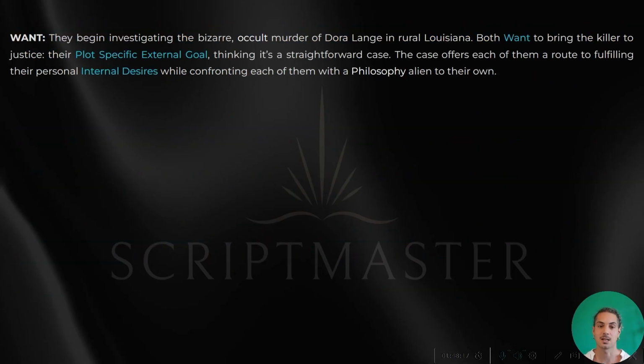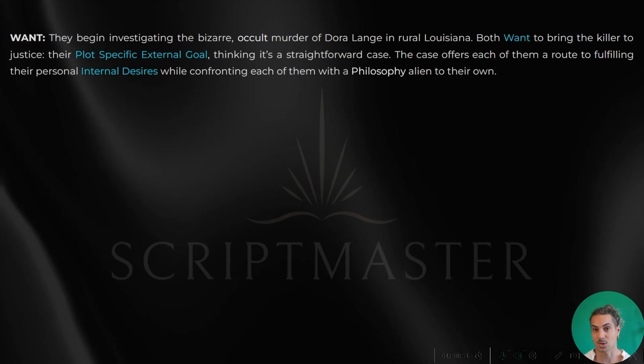And they begin investigating the bizarre occult murder of Dora Lang in rural Louisiana. Both detectives want to bring the killer to justice, their plot-specific external goal, thinking it's a straightforward case. The case also offers each of them a route to fulfilling their personal internal desires, while the case also confronts them crucially with a philosophy alien to their own.